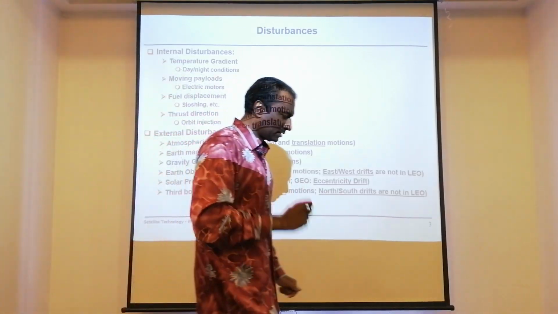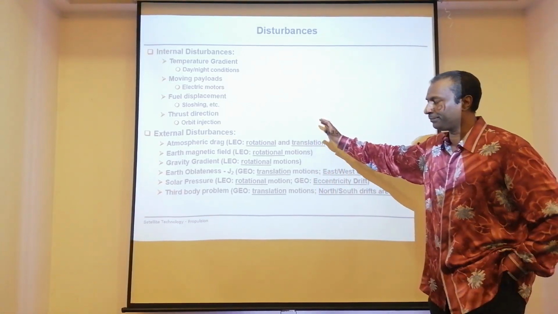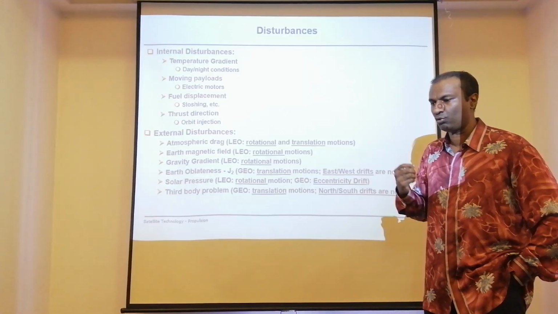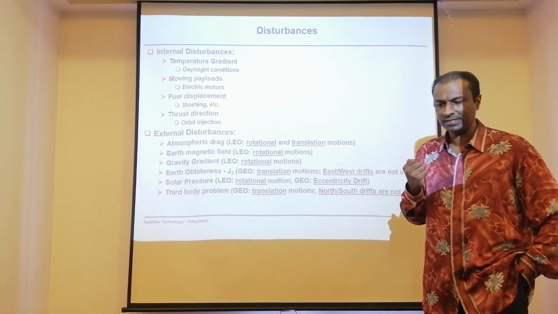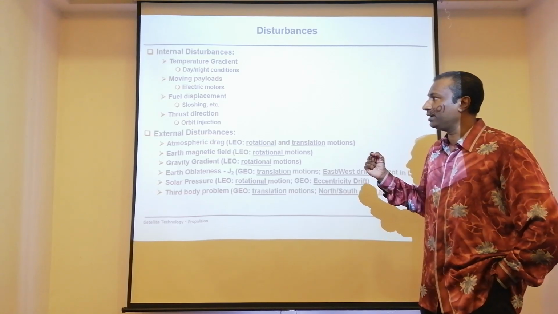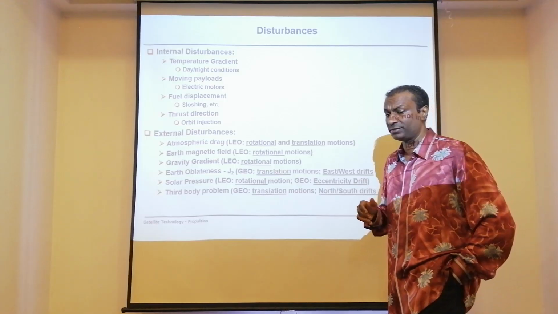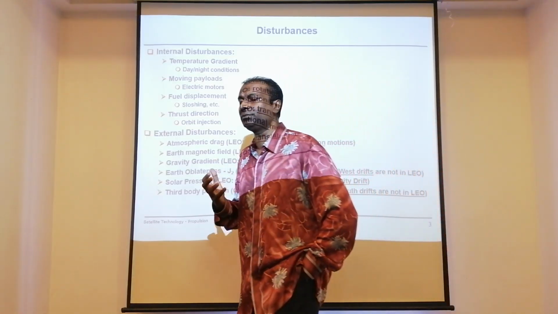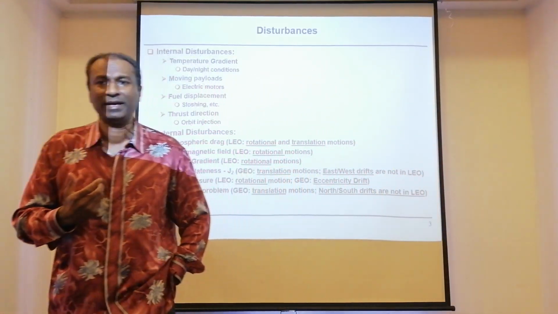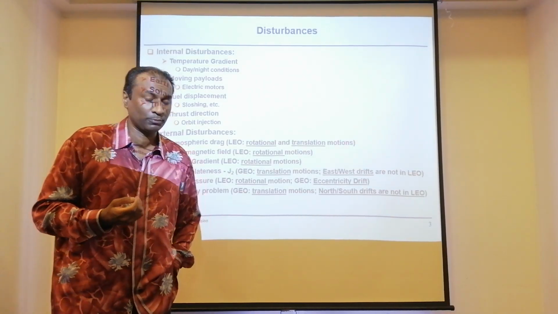This is something you will understand more deeply when you do space mechanics, but I need to introduce it already in satellite technology. Otherwise, you wouldn't really appreciate the actual subsystem we're talking about, which in this case is the propulsion system.